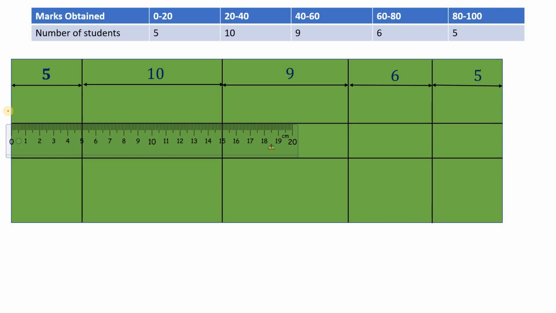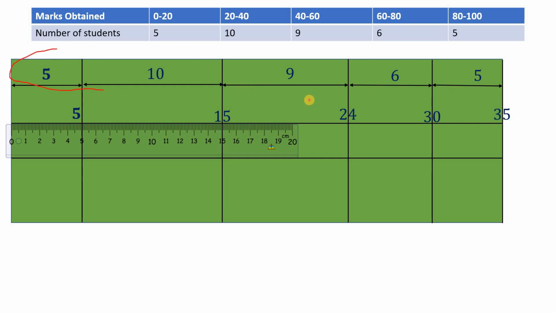Then we measure the distance from here. The distance to here is 5 and the distance to here is 15. Then the distance from here to here will be 15 plus 9, which is 24, and the distance to here is 24 plus 6, which is 30, and the distance to this point is 30 plus 5, which is 35.